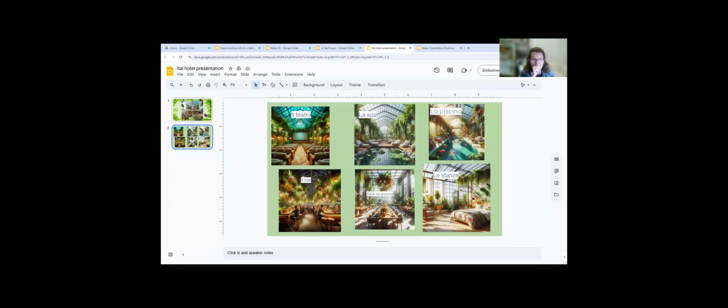And they commented on the rooms, the theater, the spa, the swimming pool, the bar, the dining room, and the bedroom. Basically, they commented on the activities that you can do in all the rooms.